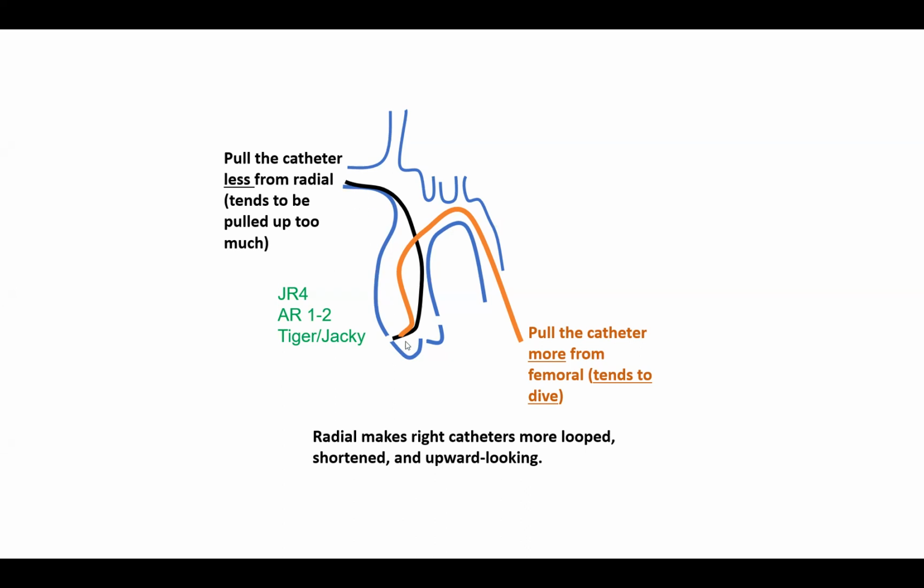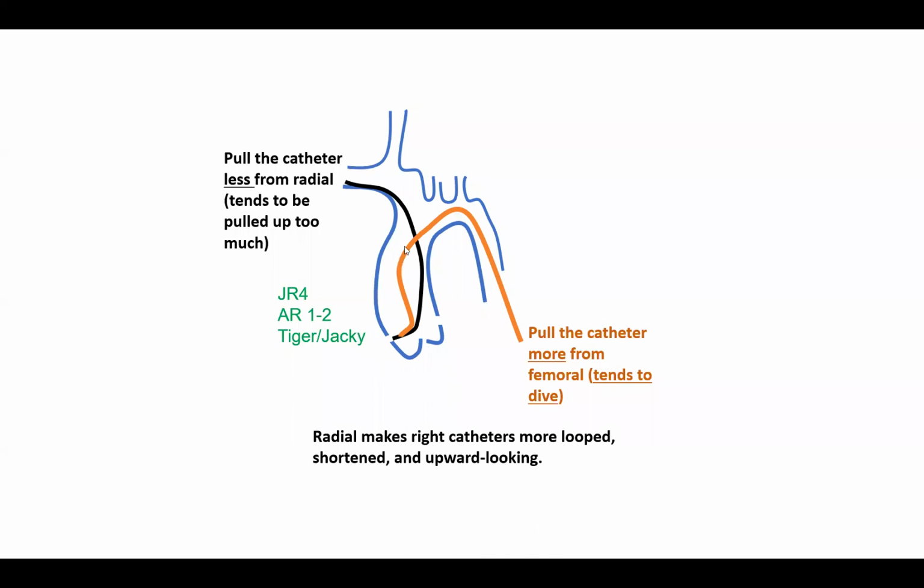From a radial access, if anything, it tends to be pulled up too much as you're pulling on it. So when you're engaging from a femoral access, you have to keep a stronger pulling tension on the catheter than you do from a radial access. I find that fellows have a harder time engaging the right coronary artery from a femoral than from a radial access because you need to keep that pulling tension and prevent the catheter from diving down.